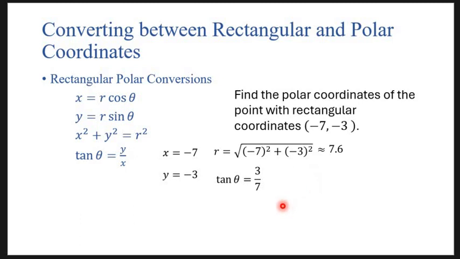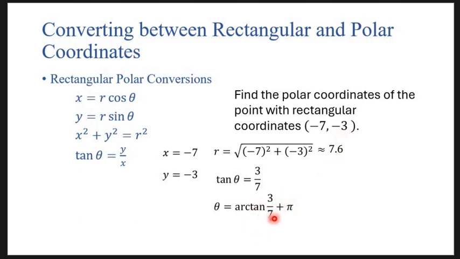So I need to take the angle that the arctangent gives me and add pi to it, because the angle that has the same tangent as -7 comma -3 is the point +7 comma +3, which is in the first quadrant, and 180 degrees off from the point that we actually want.